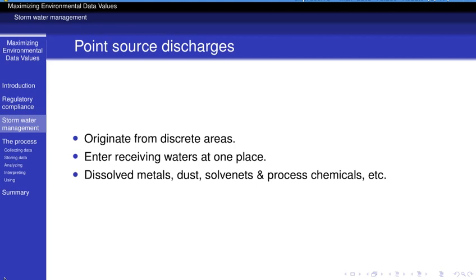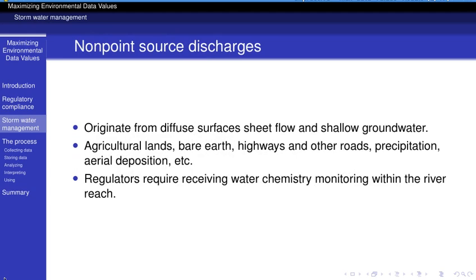Point source pollutant examples include dissolved metals, dust, solvents and processed chemicals, sediments from bare earth at mining and construction sites, and thermal waste from power generation and food processing facilities. Non-point source pollutants originate from diffused surface and shallow groundwater runoff of agricultural lands, eroded soils from unvegetated ground, urban streets, highways, precipitation, aerial deposition, and lawn care chemicals in residential areas.